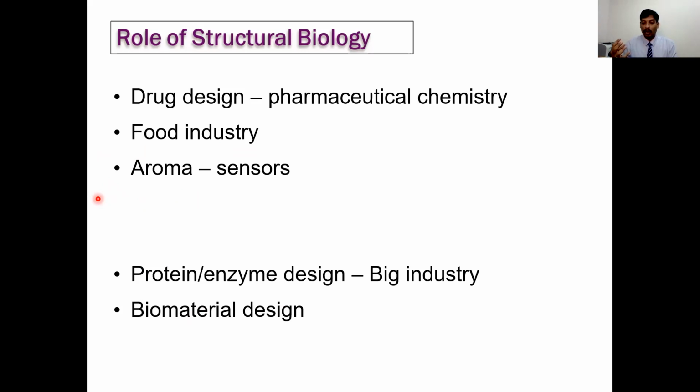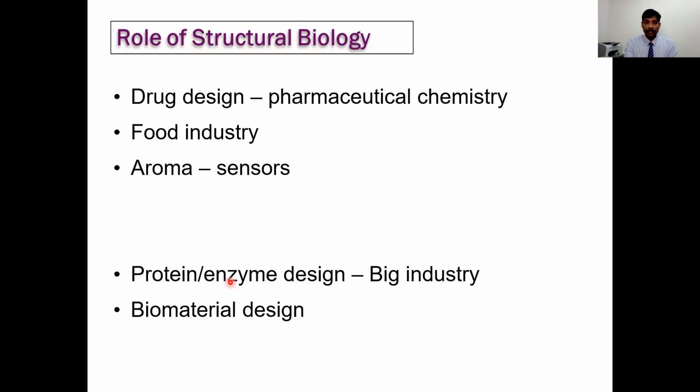We try to understand which natural molecule is giving the taste, and you can create a molecule which can mimic the same taste and use it as a ligand to the target. That is what different flavors are synthesizing now in the food industry and the aroma industry.